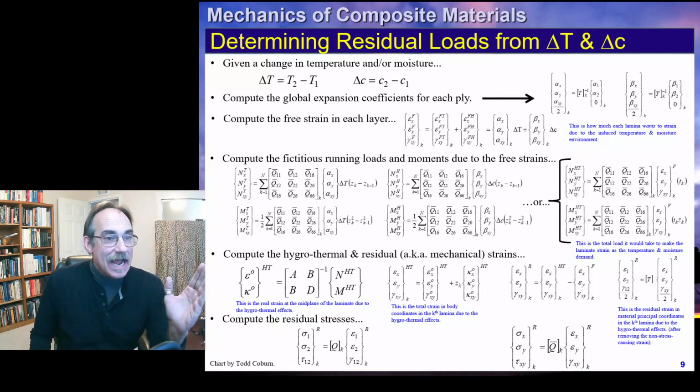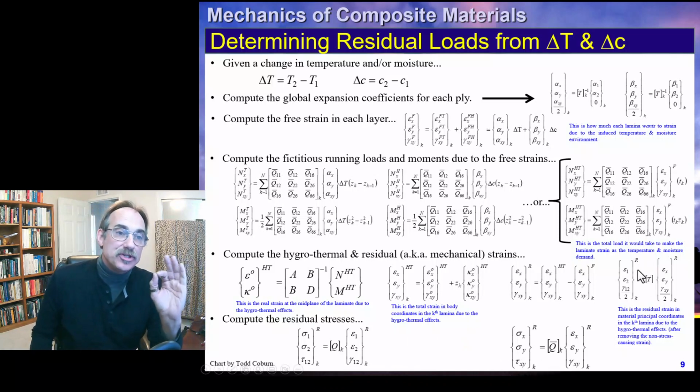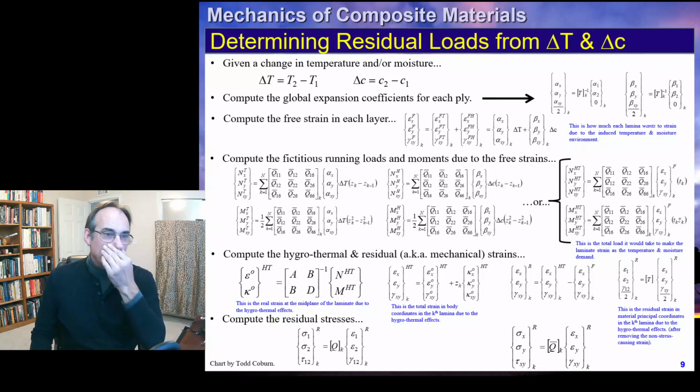Okay, so now that we know the residual strains in principal material directions for each and every ply, we can take each ply's residual strains and pre-multiply by that ply's Q matrix in order to get our stresses in the principal material directions.